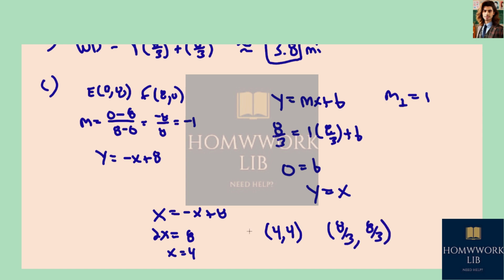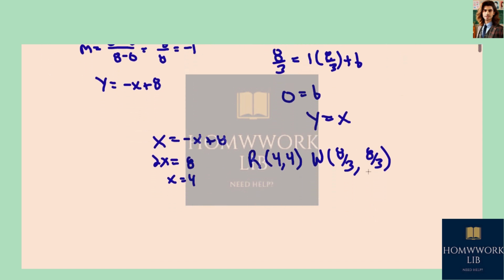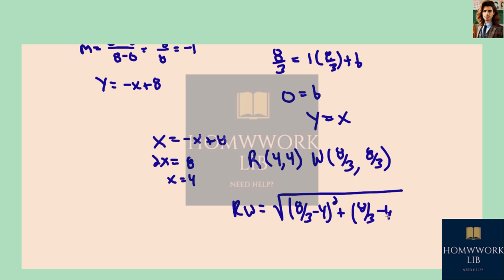So this would be the road, and this would be the warehouse. This would be the distance to the road, because that would be the point of the intersection of the perpendicular and the original line. And so now this distance would be the square root of the difference between 8 thirds and 4 squared, plus the difference between 8 thirds and 4 squared.